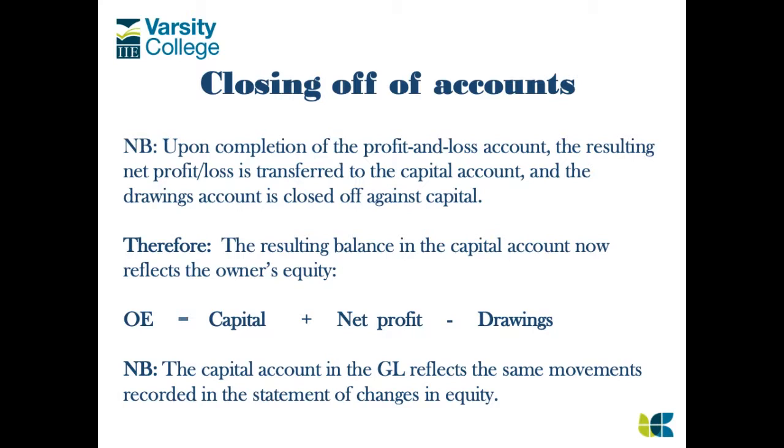In that capital, you've added your profit to your capital, and you've obviously deducted your drawings. If we made a loss, this would actually be a deduction, a minus. Our capital would actually be decreasing. That was the result thereof. The capital account in the general ledger reflects the same movements recorded in the statement of changes in equity. This, in a nutshell, is your statement of changes in equity.